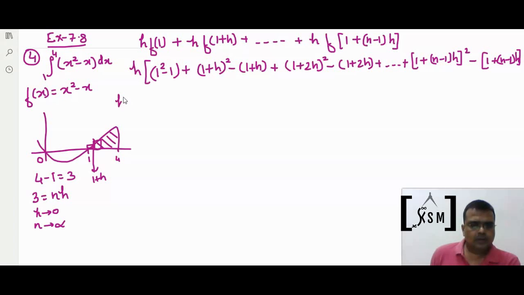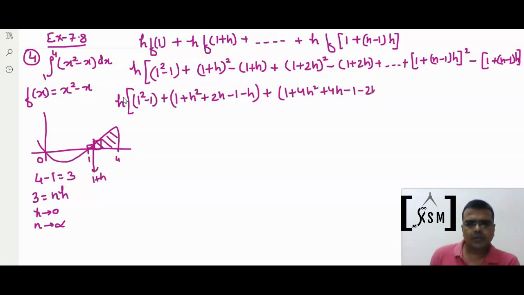So taking h out, 1 square minus 1 we'll keep as it is, plus for (1 plus h) whole square we'll start breaking it up. So it is 1 plus h square plus 2h minus 1 minus h, plus the third term was 1 plus 4h square plus 4h minus 1 minus 2h. And similarly, let me write one more term.